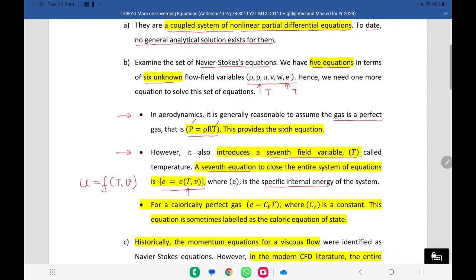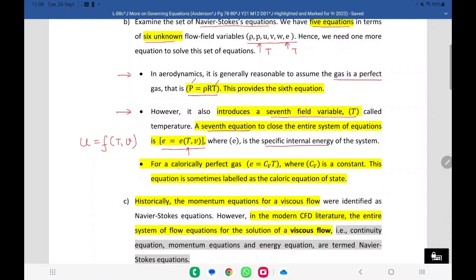So from 6 you went to 7 by adding T, but then you removed P, you come to 6, and then you remove E also, you come to 5 back.